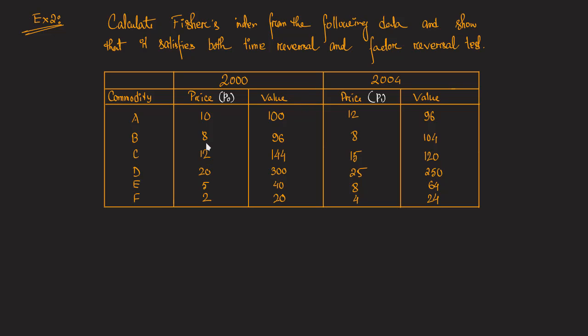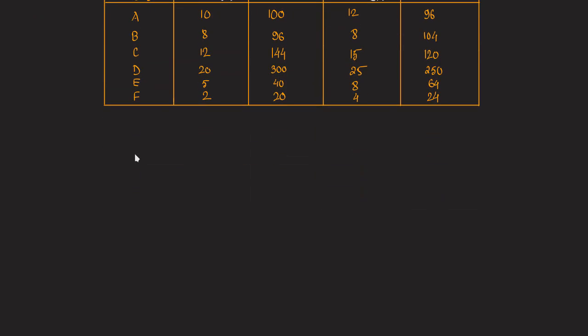So in this table, values are given indirectly. From the values, what will we have to do? We will have to find out the quantities. How? Quantity is equal to value by price.